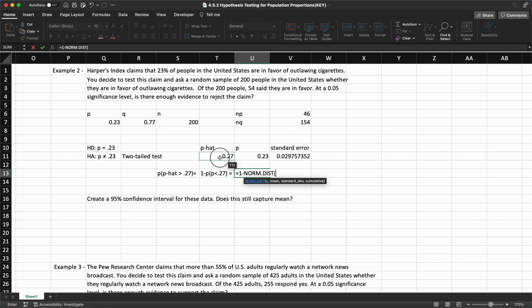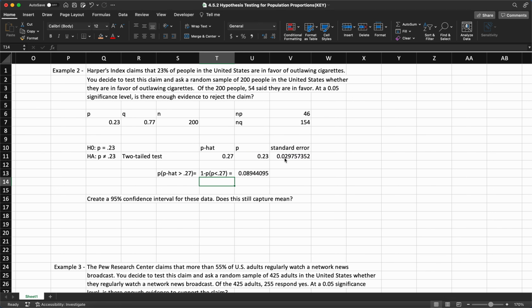And that's going to be this value, comma, this value, comma, this value, comma, true. This is going to give me the probability that I could just randomly select a sample of people and get a proportion that's this much bigger than the historical 0.23. Is 0.27 statistically significantly bigger than 0.23? Let's find out.